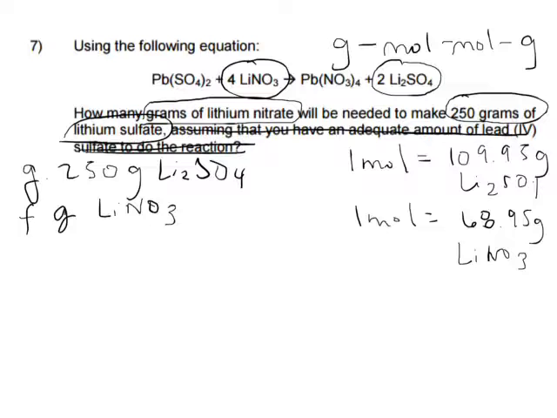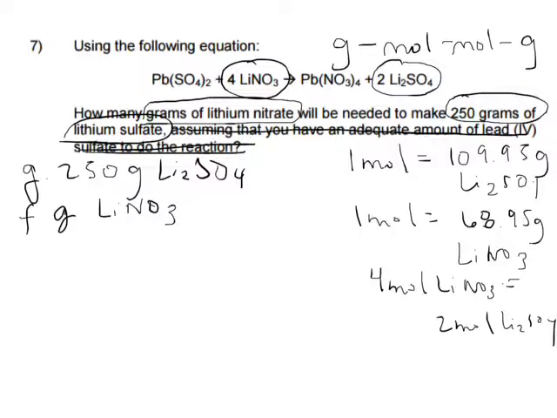Nitrate 14.01 plus lithium 6.94. Okay, great. And then our mole ratio is 4 moles of lithium nitrate is equal to 2 moles of lithium sulfate. Okay, let's get started.